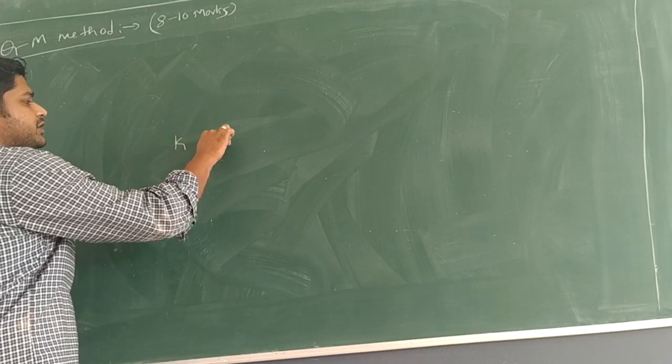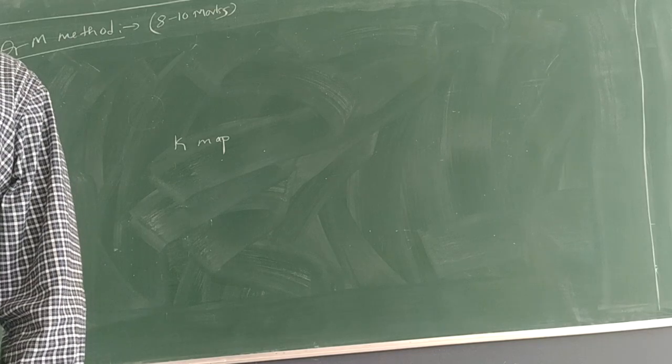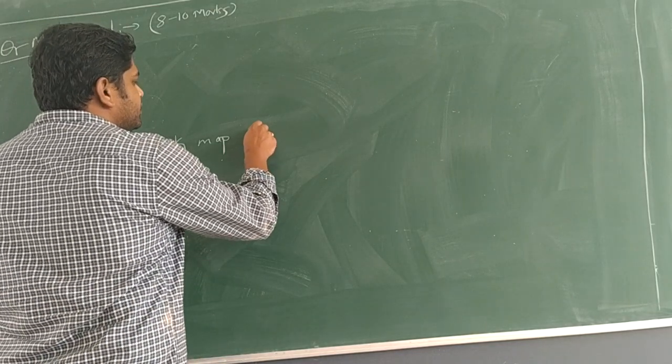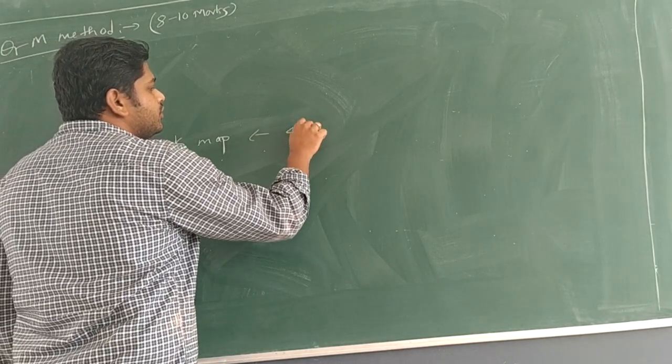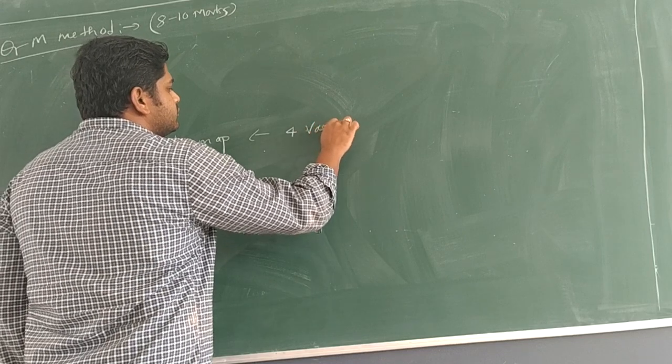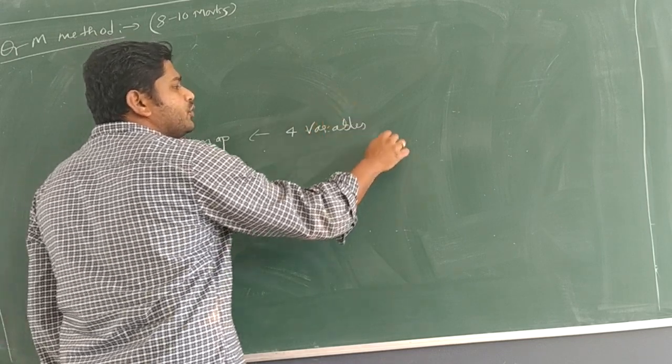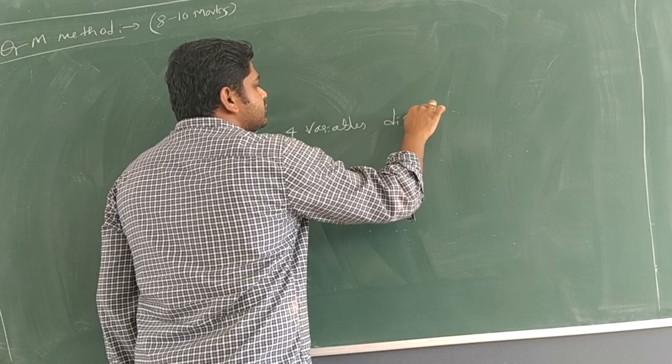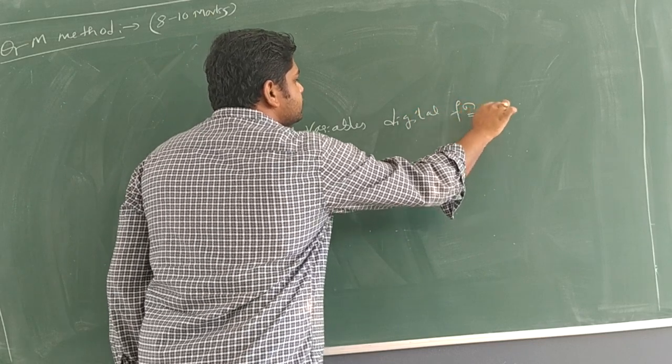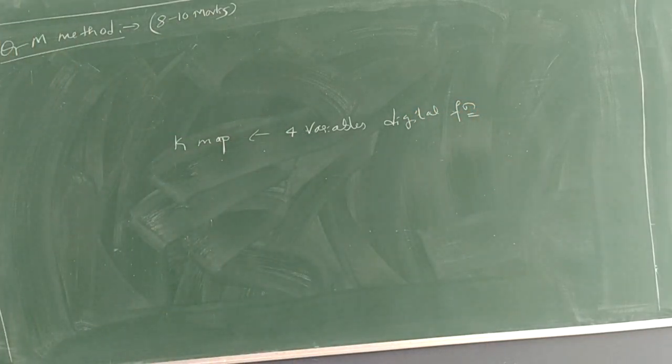So the previous method, the K-map method, is used for four variables digital functions.